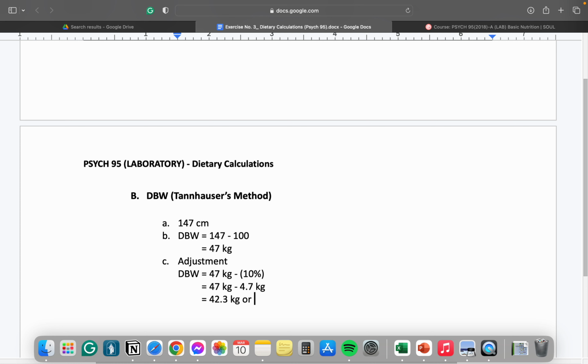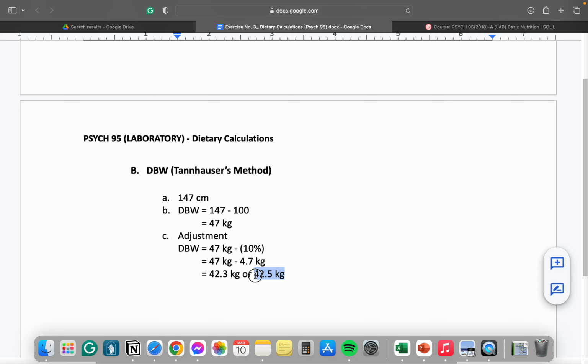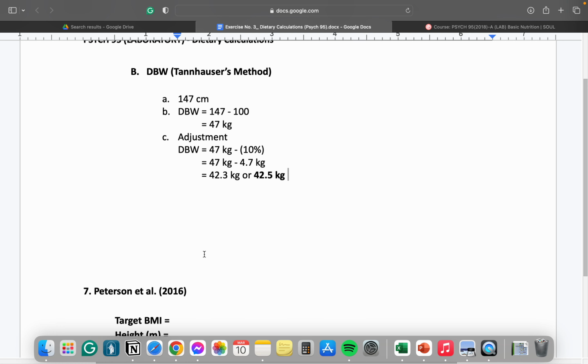Let's see. 42.3. 42.3 is closer to 42.5 kilograms. Again, nearest 0.5. So we round it up to 42.5 kilograms. So this is the desirable body weight. I will be discussing more on this before we continue with the rest of the exercise.